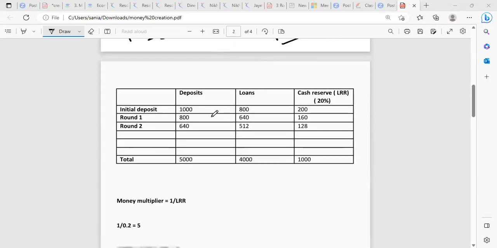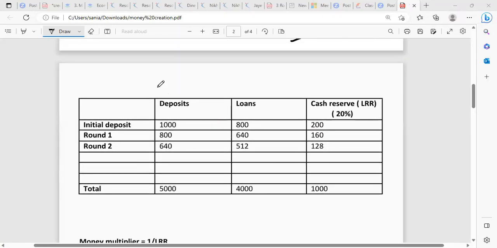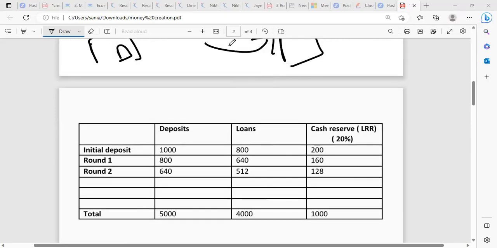Okay. Now the next thing is that just observe this table and one by one you will tell me what you observe. What is happening over here? I'm just giving you 2 minutes. Observe, and one by one you will tell me. Just your observation.